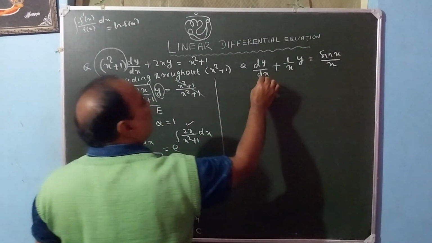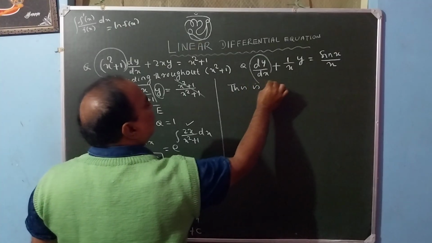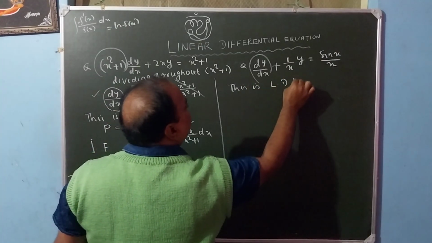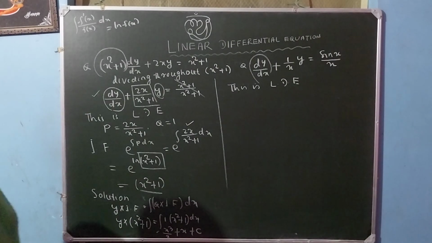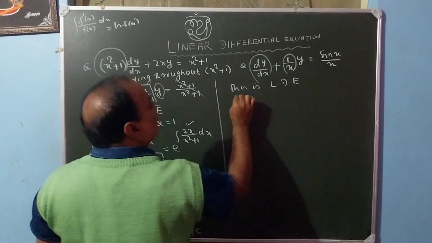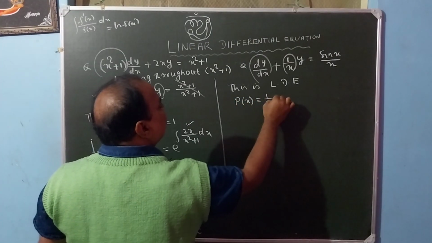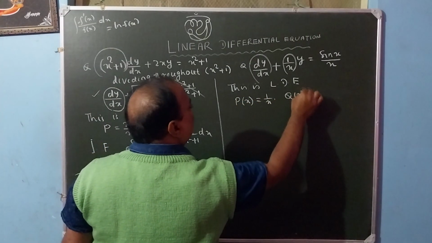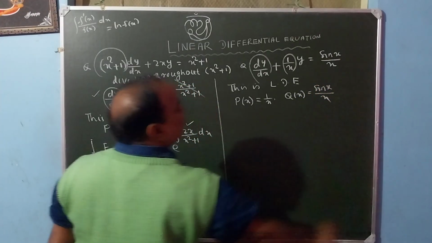So this is a linear differential equation, because Px is 1 by x, the coefficient of y. Qx is equal to sin x by x.